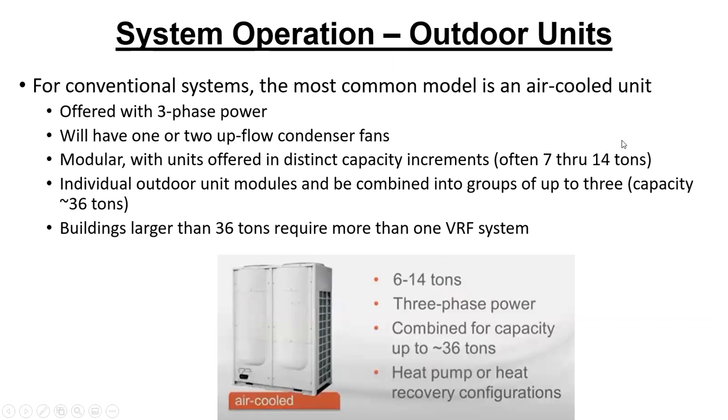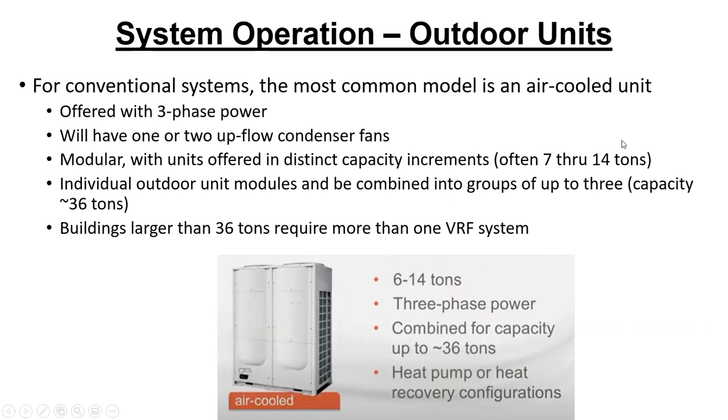For conventional systems, the most common model is an air-cooled unit. These are larger, offered with 3-phase power for any sort of commercial type application. They have 1 or 2 upflow condenser fans, and are modular, with units offered in distinct capacity increments, often 7 through 14 tons.